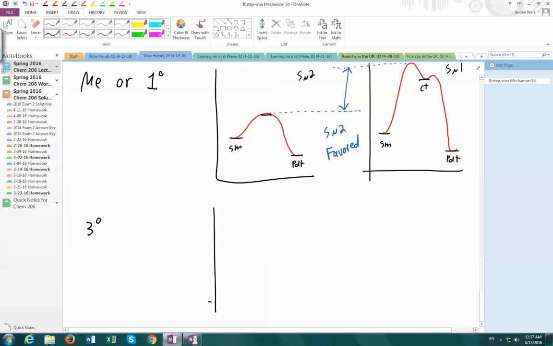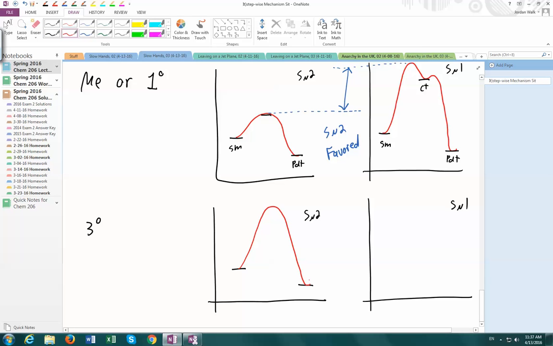We can do the same thing for tertiary. And so in a tertiary case, again, we'll say this is our SN2. This is our SN1. In a tertiary case, we have a very crowded transition state for the SN2 reaction, which is going to make that very high in energy. So the new step is going to be way up here. Whereas a tertiary carbocation is pretty stable. Not the most stable thing in the world, but stable enough that it does occur.